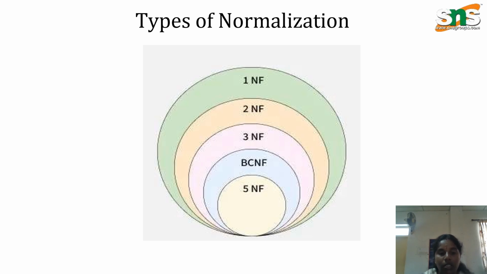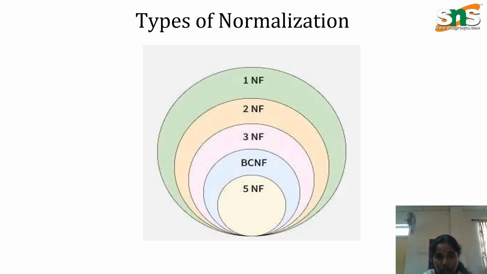The second normal form satisfies the condition of the first normal form and additionally contains no partial dependency, meaning every non-prime attribute must depend on the entire primary key and not just a part of it.